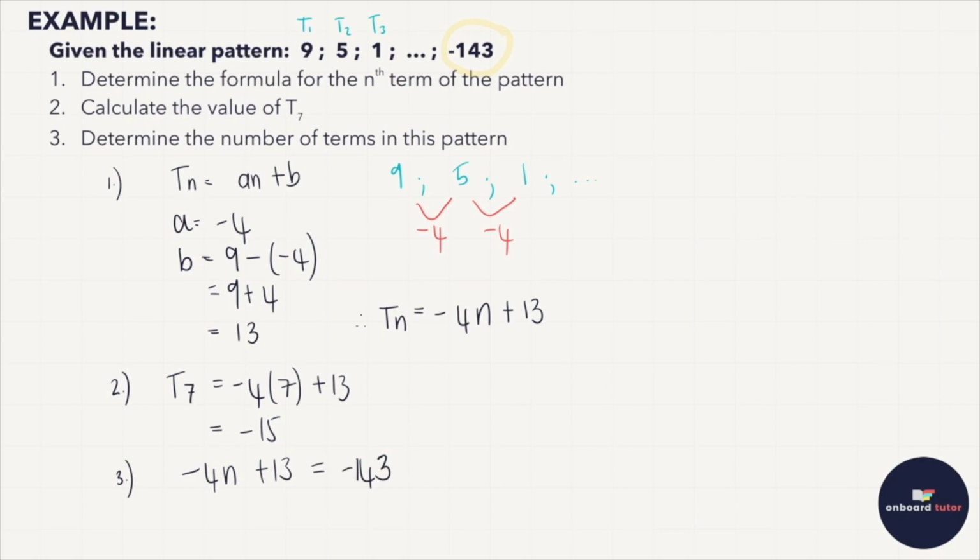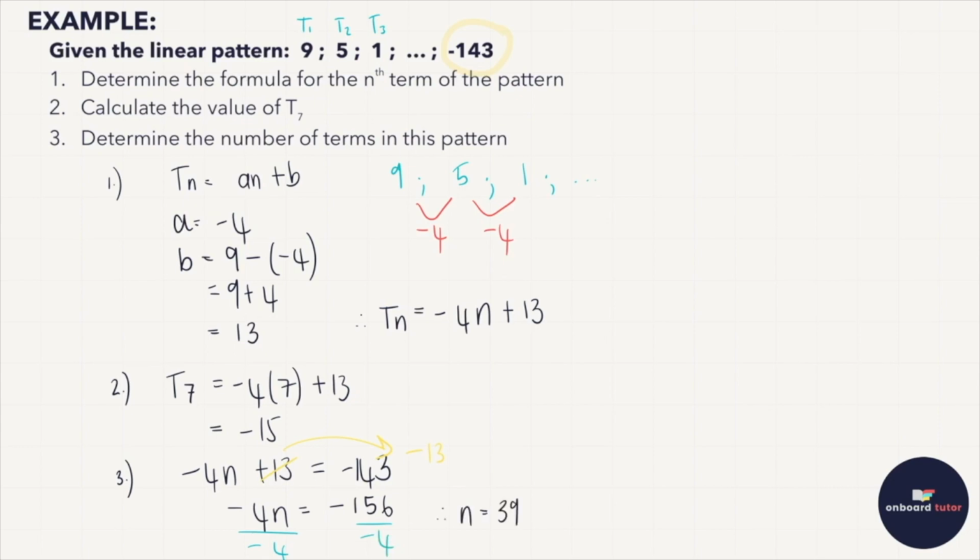So we're going to start by moving this plus 13 across. Minus 143 minus another 13 gives us minus 156. And then I can divide both sides by minus 4. And that gives me an answer of 39.